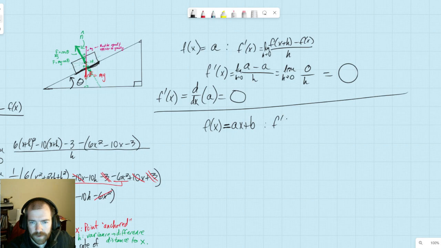Then we end up with f prime at x equal to the limit as h goes to 0 of f of x plus h, which is a times x plus h plus b, minus parentheses ax plus b, all over h.